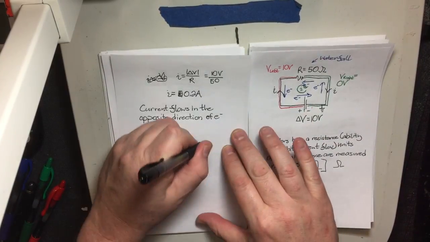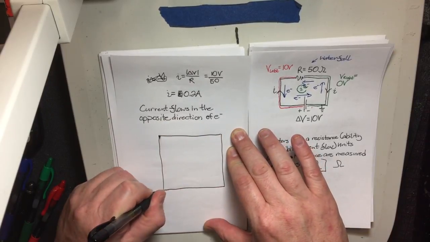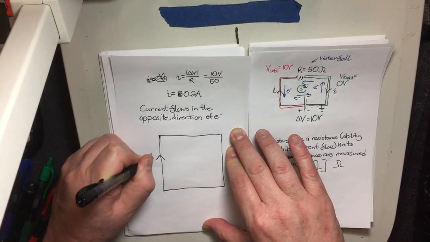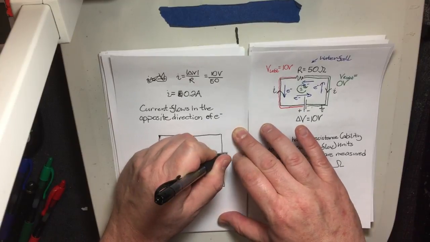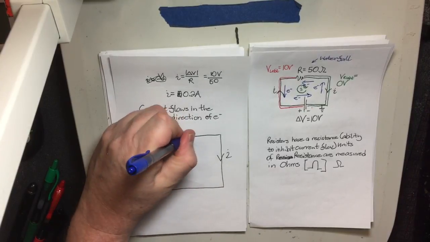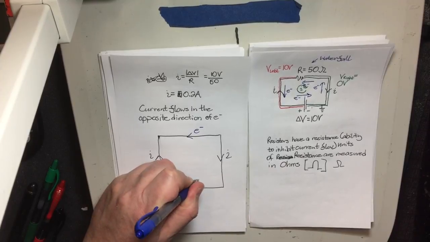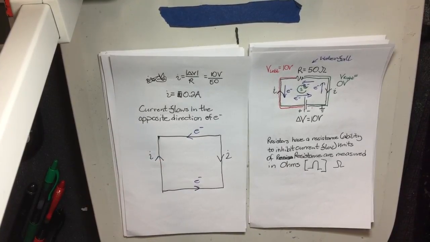So let me draw it another way, without the battery or anything like that. If I tell you that the current is flowing like this, in a clockwise rotation, then the electron flow is flowing in a counterclockwise direction, because the electron flow is opposite of the current.